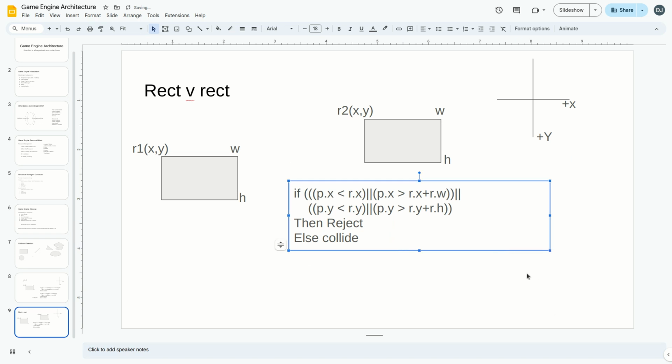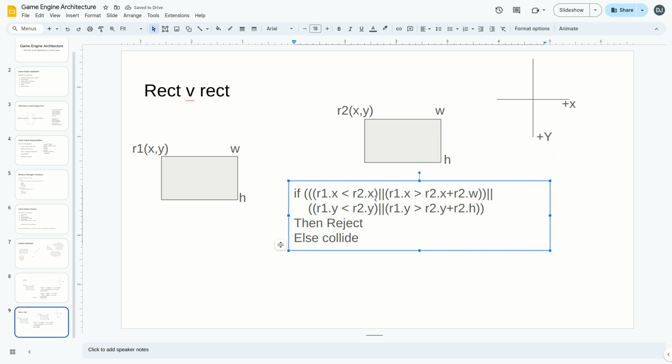Give us some more room because we're going to have to expand this. So what I want to do is check, R1, R1, R2, R2, R1, R1, R2, R2.